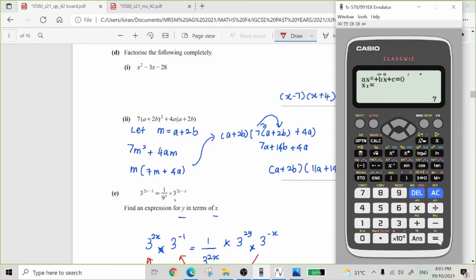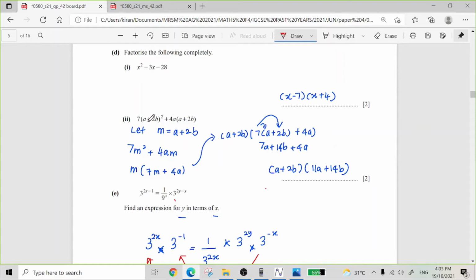And then I get x equal to 7 and x equal to -4. From these roots, x equal to -4, the factor will be x plus 4. Root x equal to 7, the factor will be x minus 7.